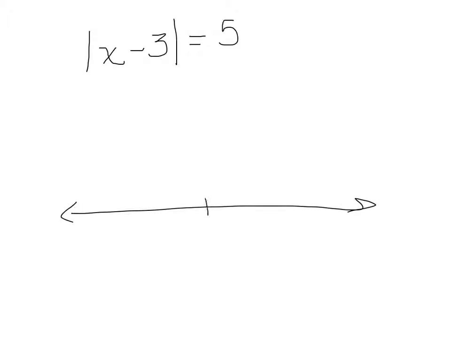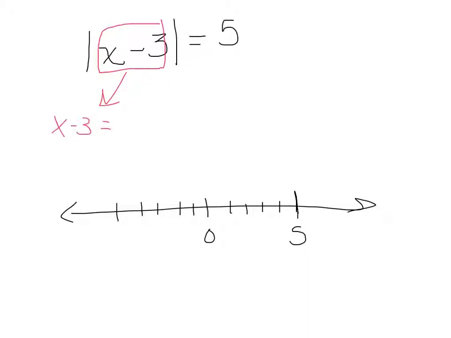If I know that the absolute value of x minus 3 is equal to 5, what this basically tells me is that when I think about the number line once again, if I think about what's inside of here, I can say that the x minus 3 will equal +5, which is 5 spaces away from 0.